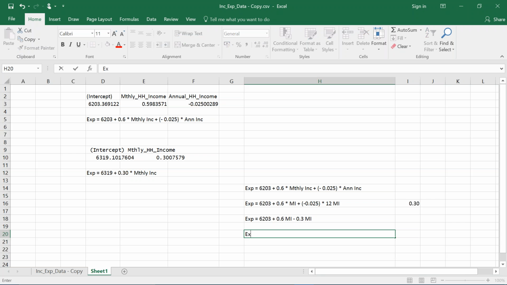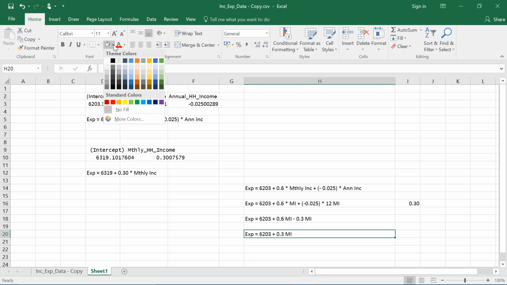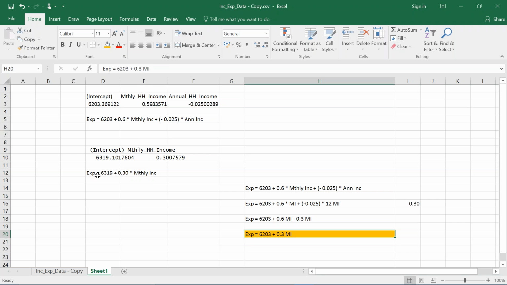So this equation becomes equal to 6203 plus 0.3 monthly income. This equation is same as this equation.